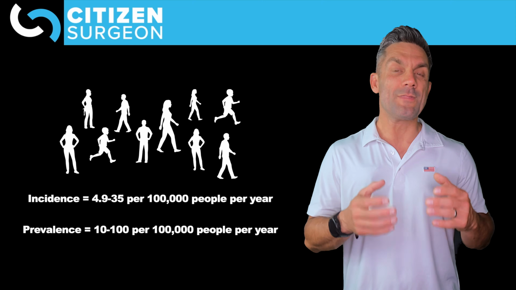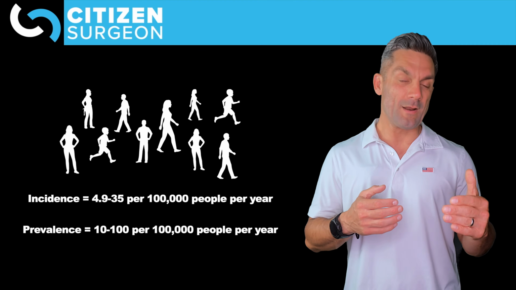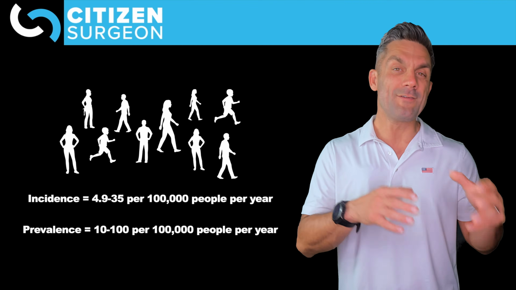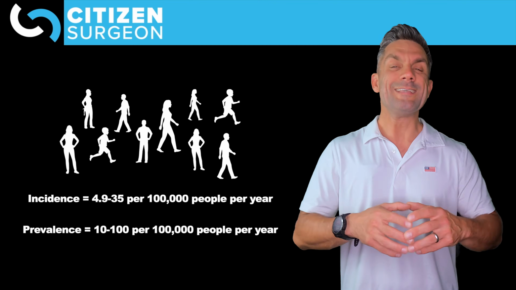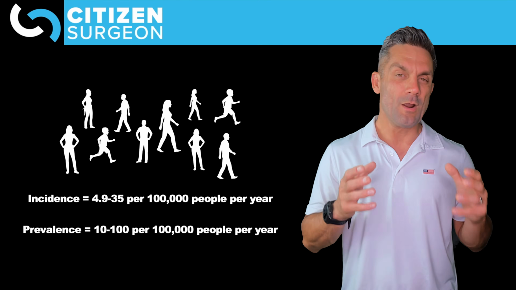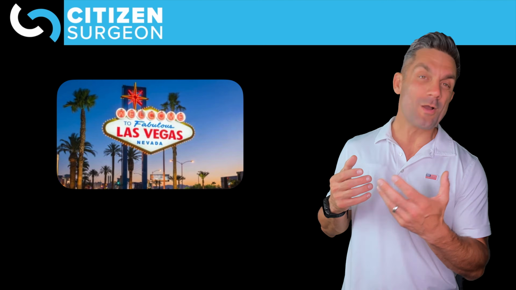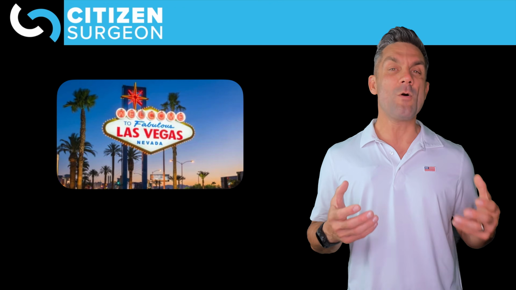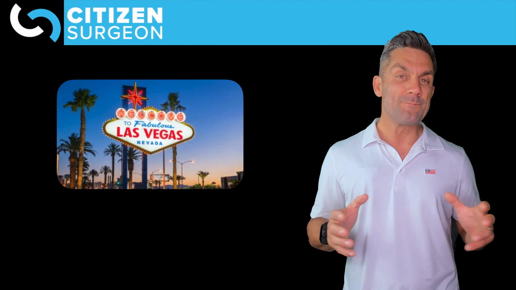So the incidence, or the number of new cases per year per an amount of population, is about 5 to 35 per 100,000. Well, the prevalence is the amount of a disease at any given point in time. All right. So let's take Las Vegas. Okay, we got the welcome to Las Vegas sign. How common or how much acute pancreatitis do we see on average in Las Vegas?